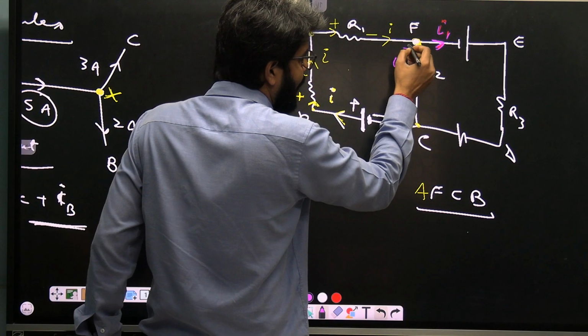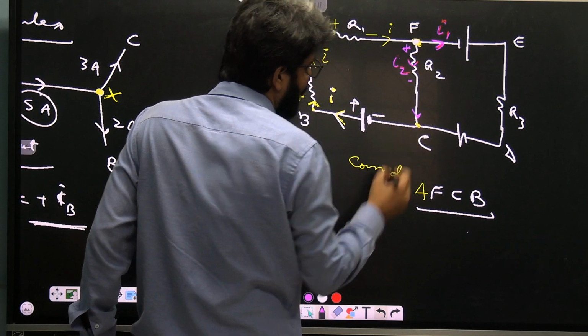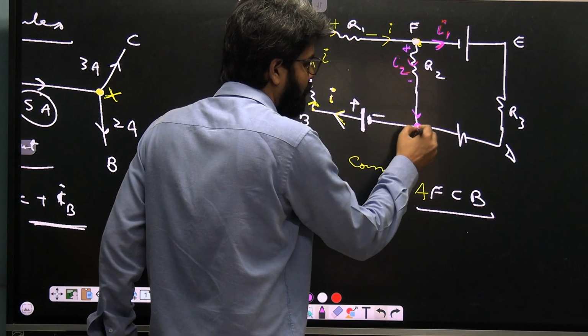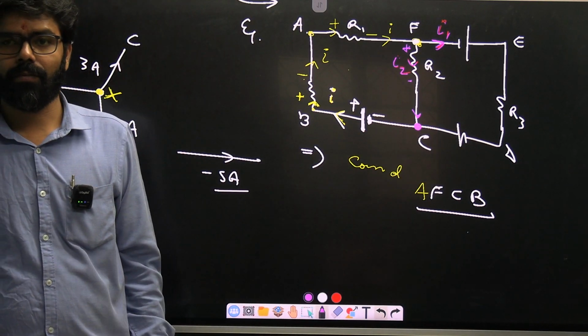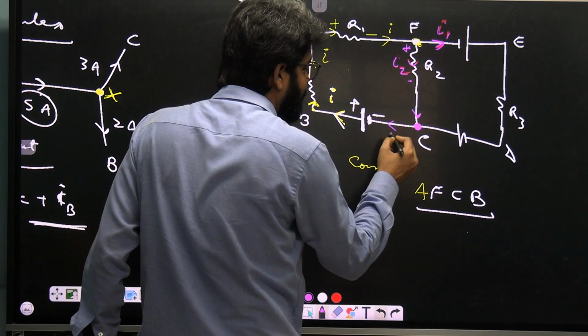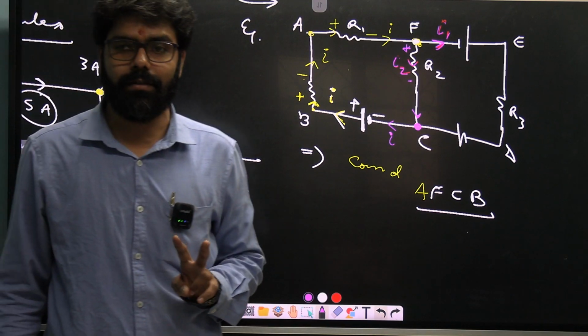The same I2 current, here it will be plus and here it will be minus, will flow through this one. Now again there comes one more junction at this point. Some current will go here and some in that direction. In this direction you will have only I, because in the same branch you cannot have two different currents.